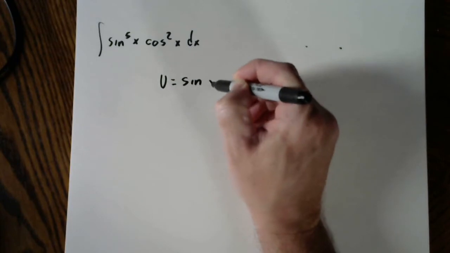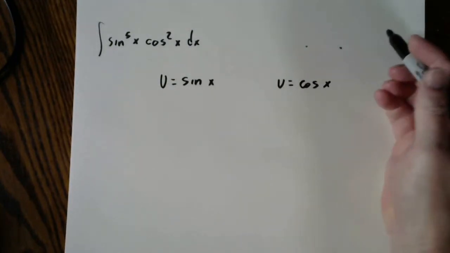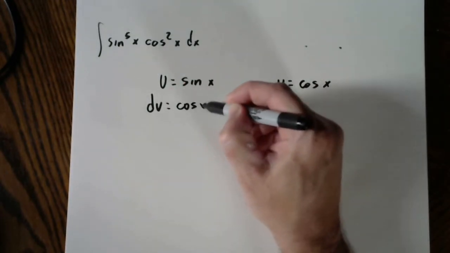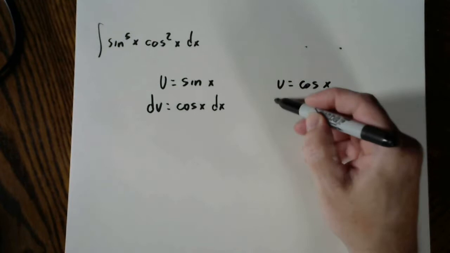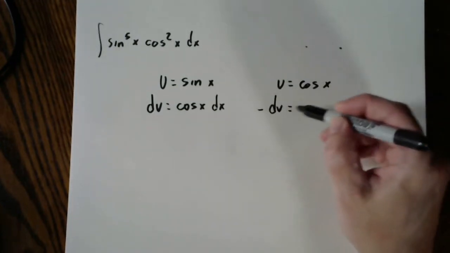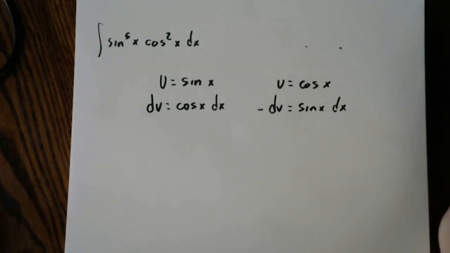I could choose u as sine, or u as cosine, and the du follows. Negative sign, right? Let's put the negative here. Okay, which one's right?